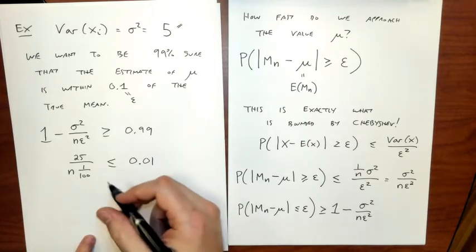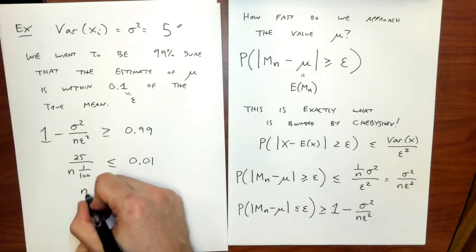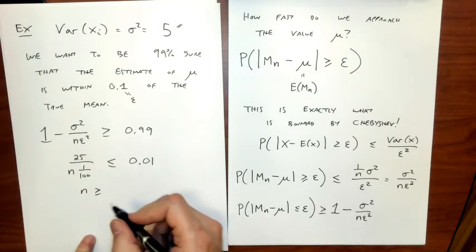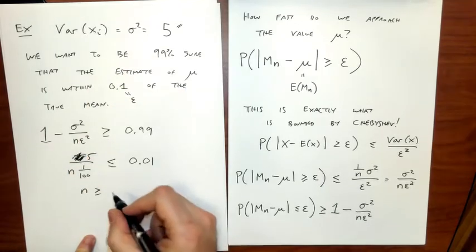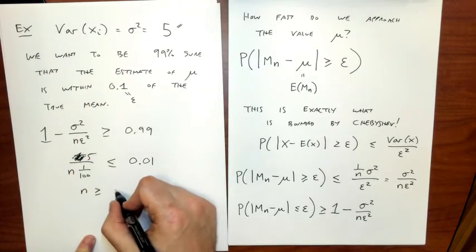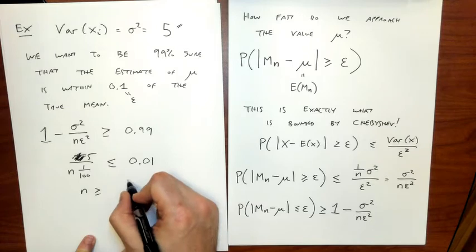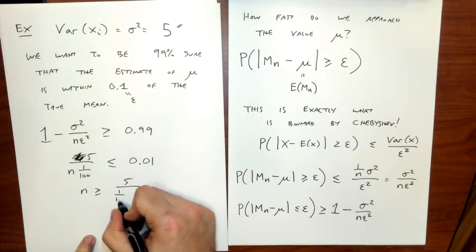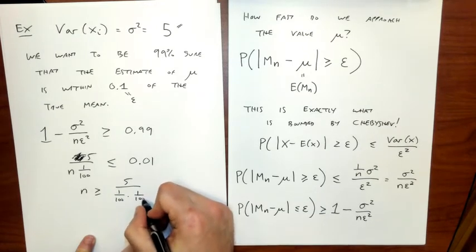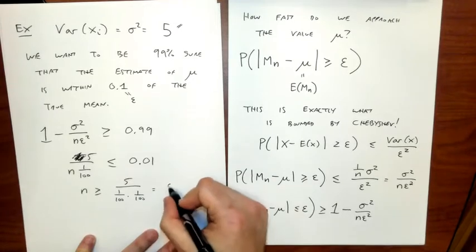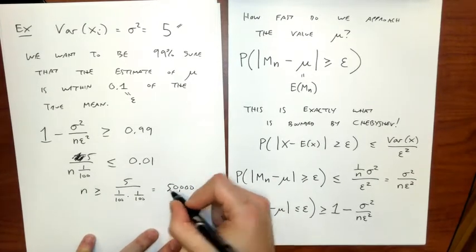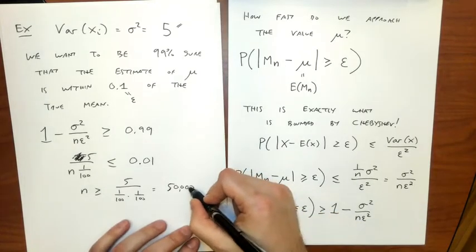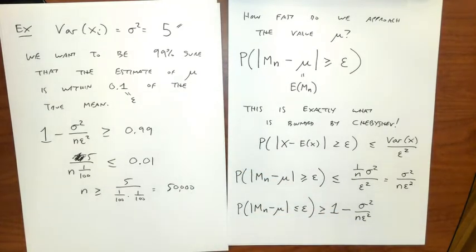I'm going to get that n has to be greater than, oops, not 25, this is 5, because I said sigma squared is 5. So n has to be greater than 5 over 1/100th times 1/100th, which is equal to 50,000, right? So this is saying that without knowing anything else, I need to take at least 50,000 samples to be that sure of getting that close, okay?